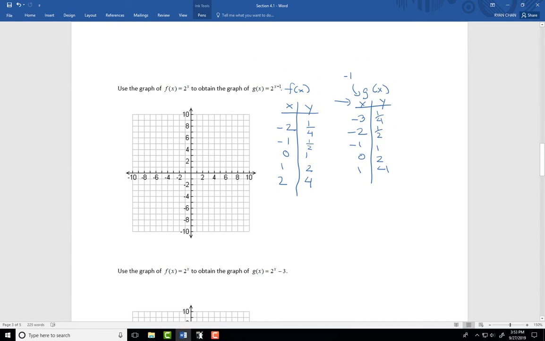Then we can graph them. I'm going to try to do the best I can. It can be a little bit tedious, especially if you're not a person who sketches a lot. But the idea is it's going to flatten out like this, and then it's going to rise up.